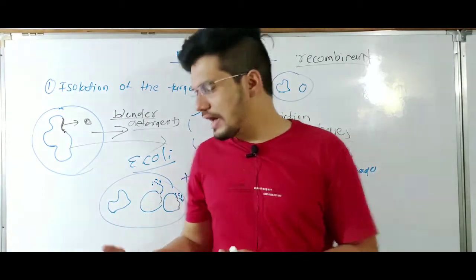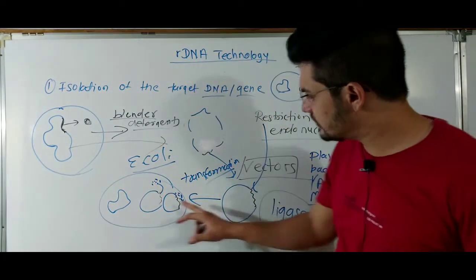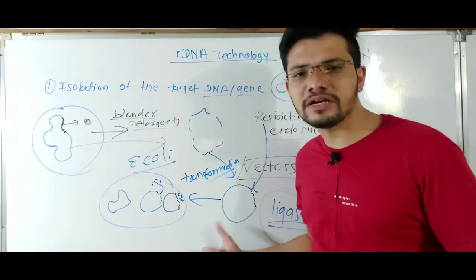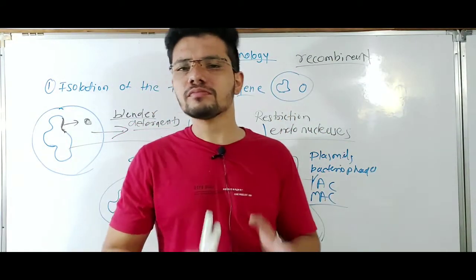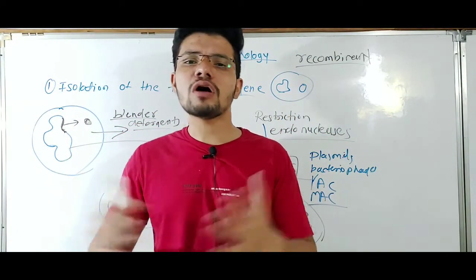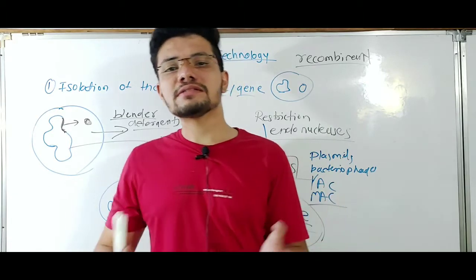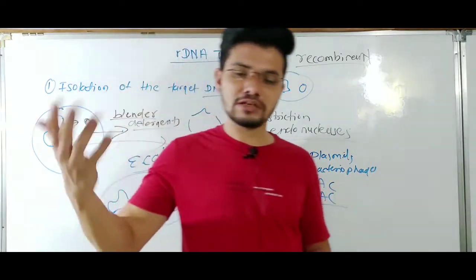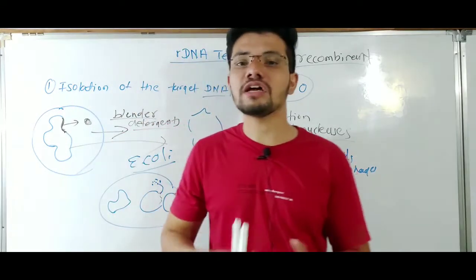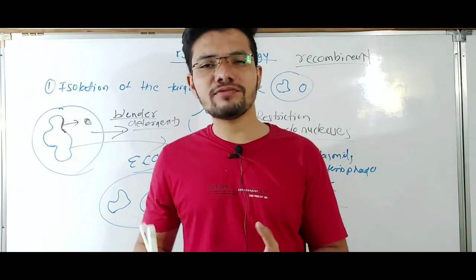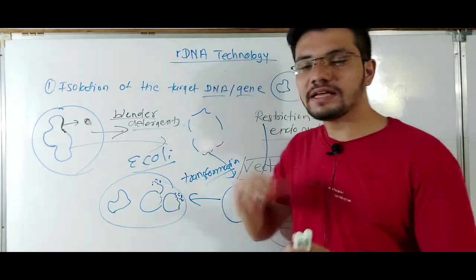Some cells are transformed with the recombinant plasmid, and some cells are not. So how can we differentiate? With the help of screening methods.